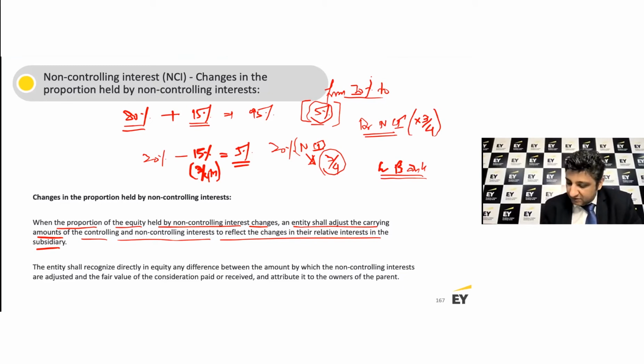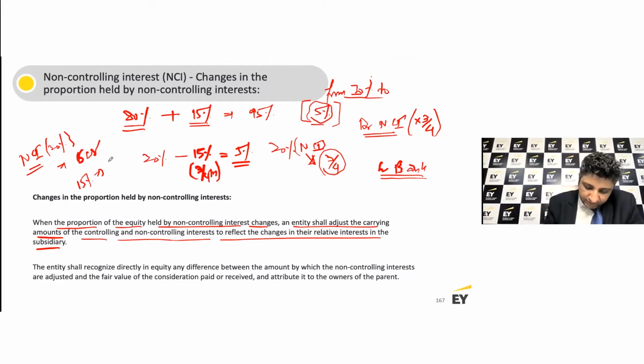Let's say, for the sake of argument, my NCI for the 20% stake is 5 crore rupees. Or let's say it is 6 crore rupees. For the 15% value, we can simply say this would be 4.5 crores.